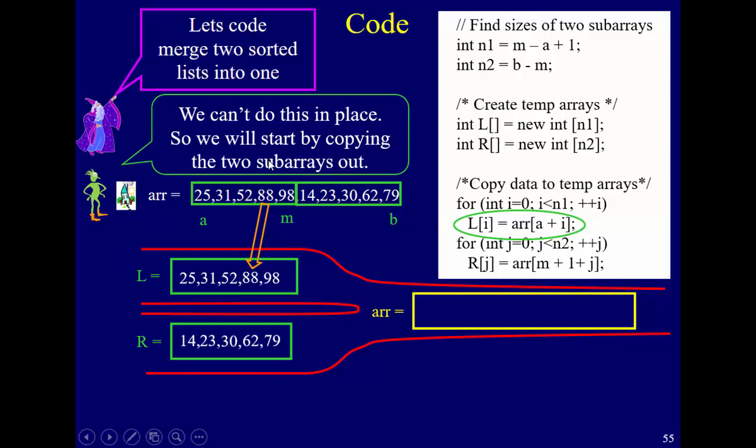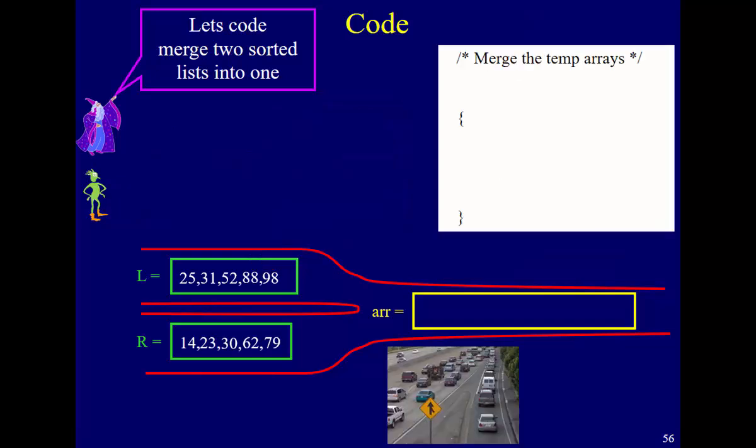And where's this guy? It's in the array at a plus i. Here you go, a plus the distance i. Everybody buy that? So that copies the left. We do the same to copy the right. Good? Holler if you don't get something.